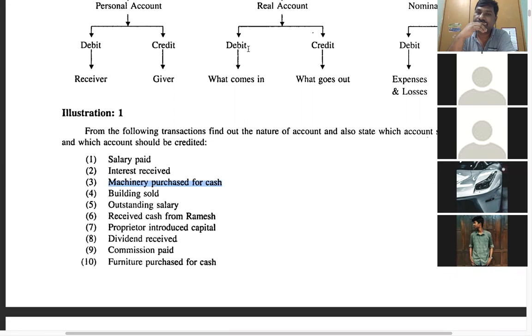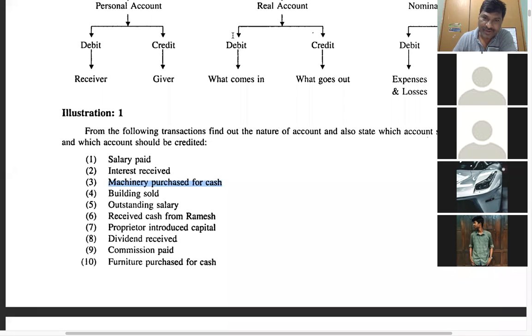Sir, capital account is debited and cash account is credited. Is cash going out so that you can credit it? No, sir. Cash is coming in. Therefore, what you said is wrong. You have to debit it.